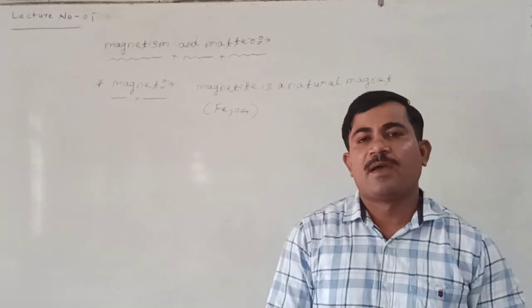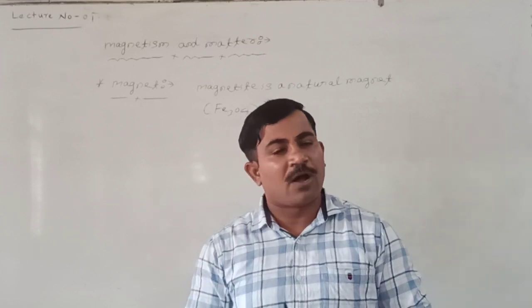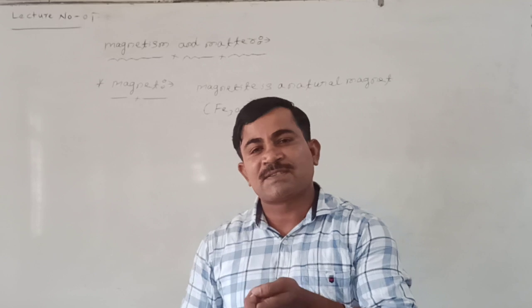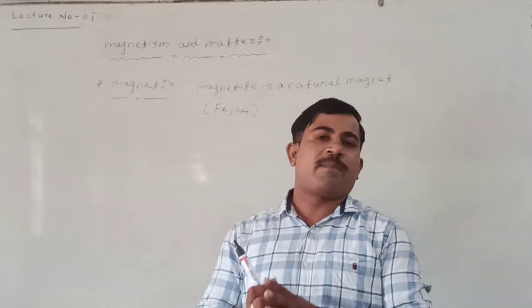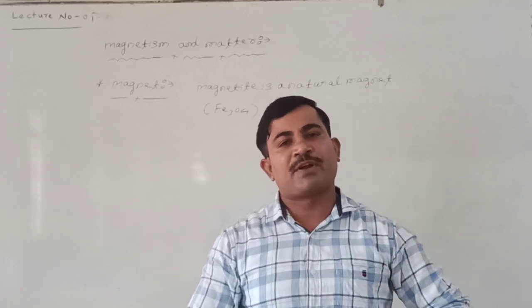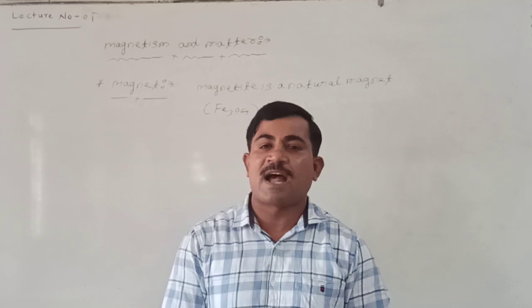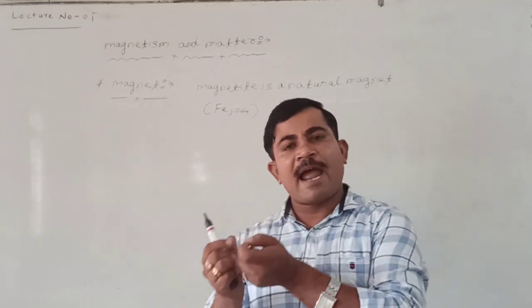So when a natural magnet is well polished, or when current is passed through magnetic materials like iron, nickel, cobalt, we can make many shapes of magnets. Those different shapes of magnets we call artificial magnets. Artificial magnets mean man-made magnets.